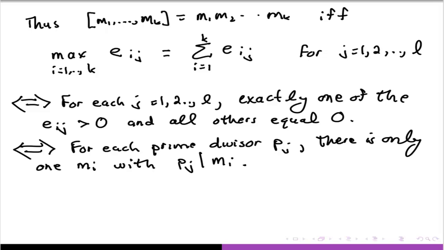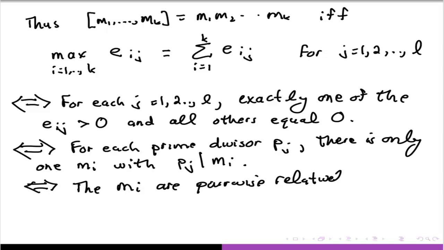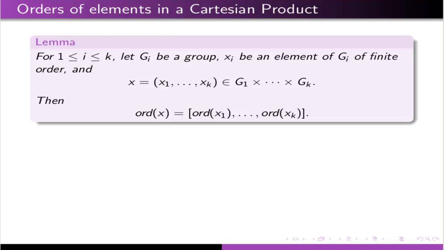And that means the m_i share no common prime powers. I mean, they're pairwise relatively prime. We've got too many i's and j's, let's just write it in words. The m_i are pairwise relatively prime. QED.